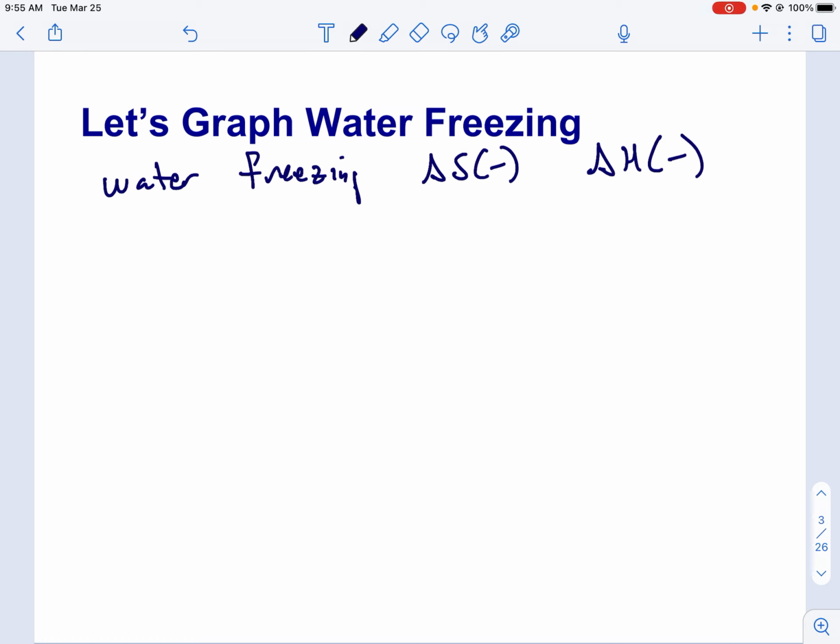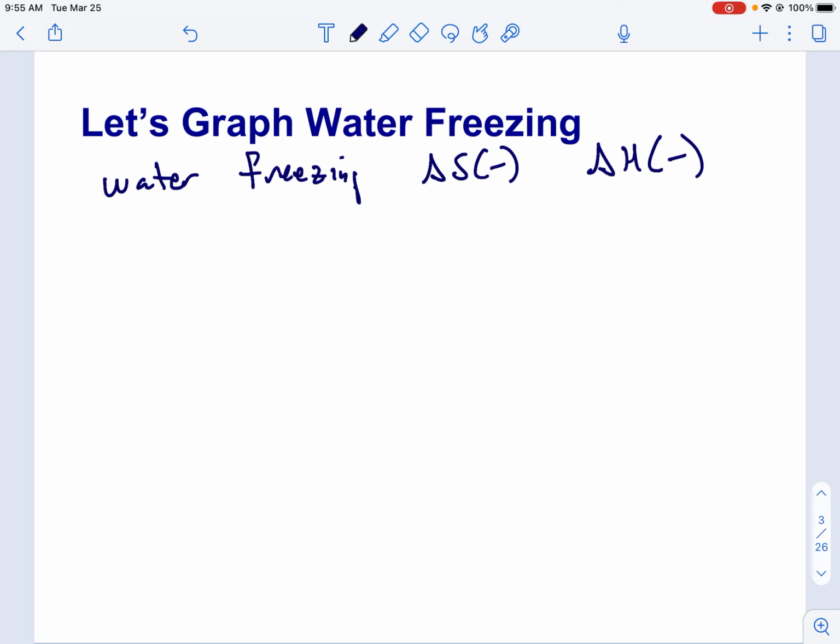All right, so let's graph what happens when water freezes. So remember, water freezing has a delta S that's negative, right? So it's not a favorable change in entropy, but it does have a negative delta H. It's exothermic, right? So that's favorable.